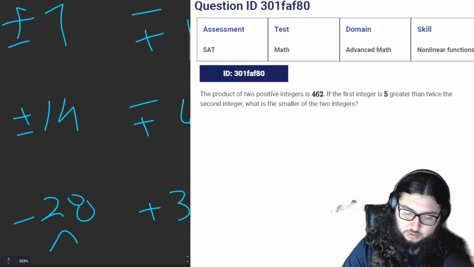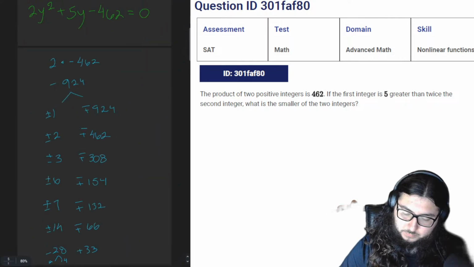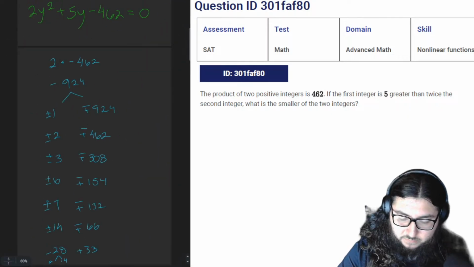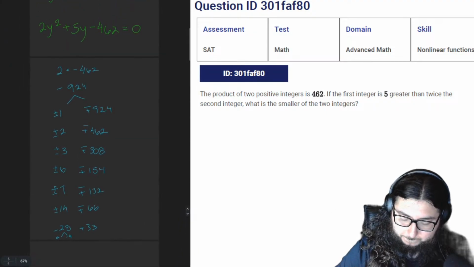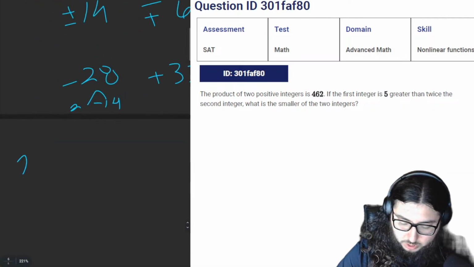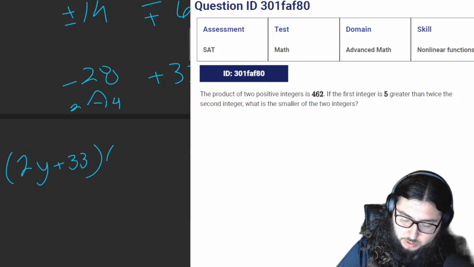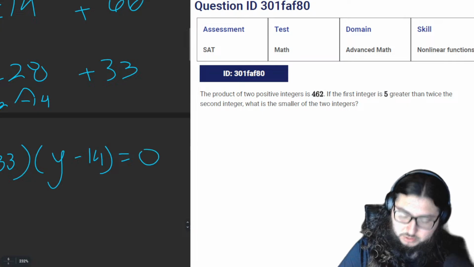We can break this up into 2 and 14. So then we have 2 and negative 14. So we have 2y plus 33 and y minus 14 equals 0.